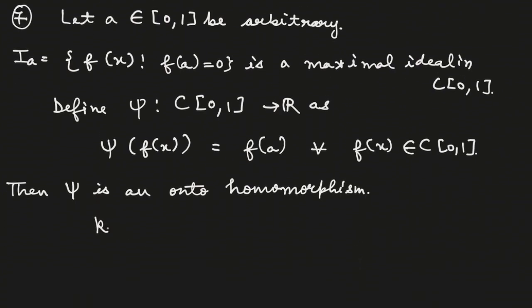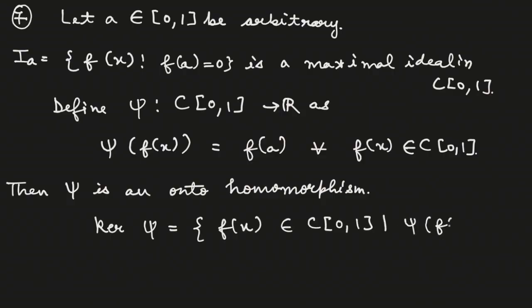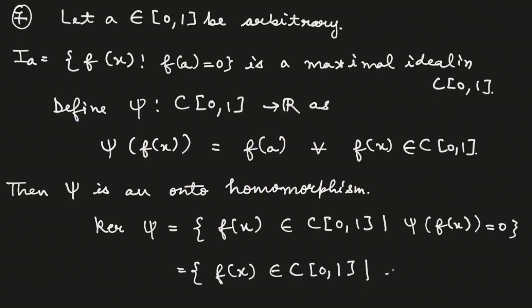Kernel of psi is equal to f(x) belonging to C[0,1] such that psi of f(x) equals 0. Psi of f(x) is f(a) equal to 0. So this will be our I_a.